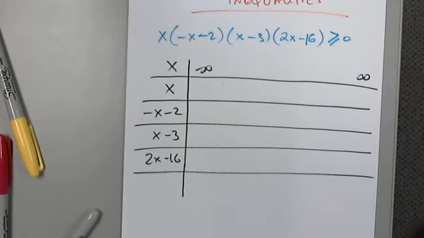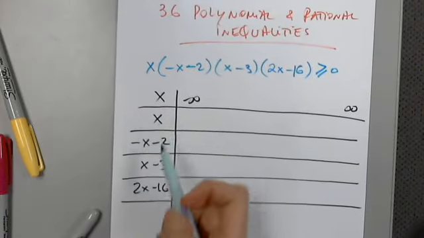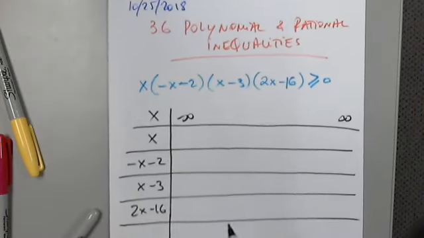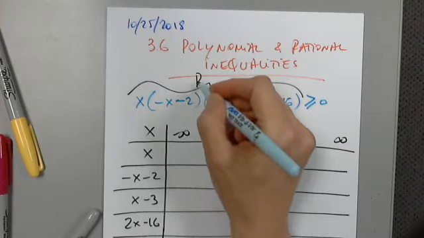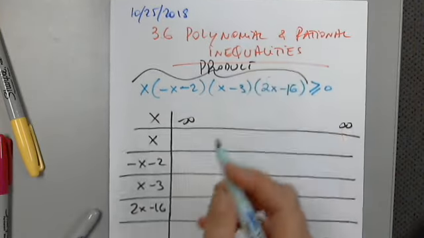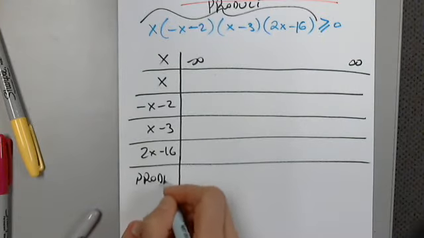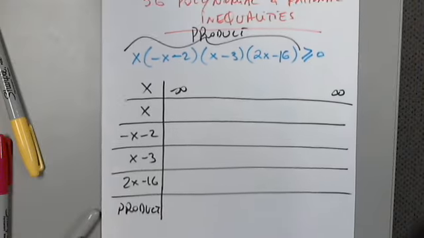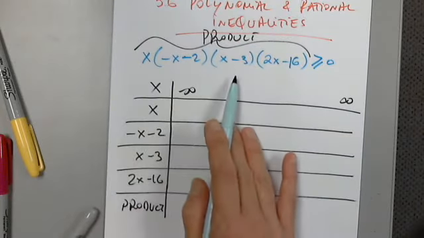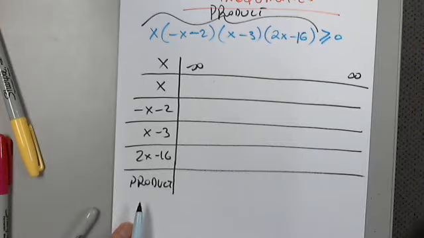The whole thing. Since, of course, you know me, I ran out of room, I'm going to call this a product. If you have room, just put the whole thing: x times this times this times this. I never have room, as you know already.